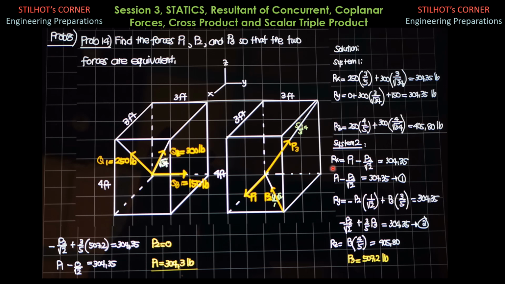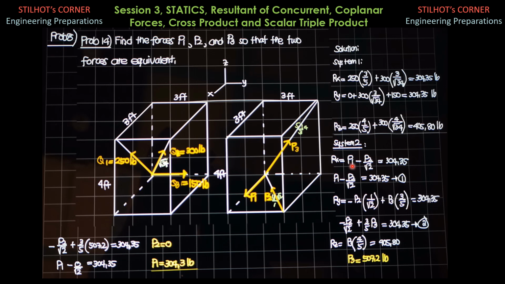And we equate that to the x component of the resultant of system 1, 304.35. So simplifying, rewriting, P1 minus P2 over square root of 2 is 304.35. Call that equation 1.